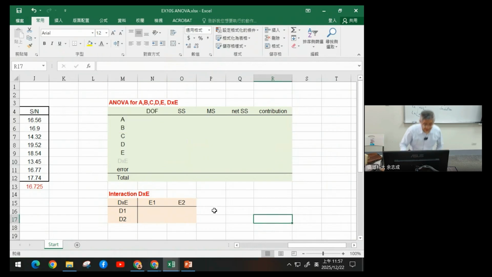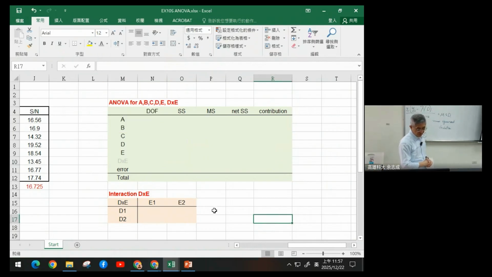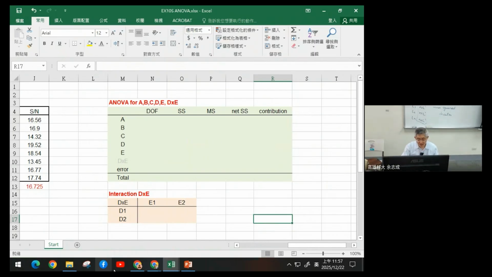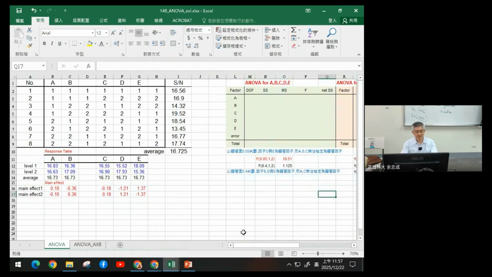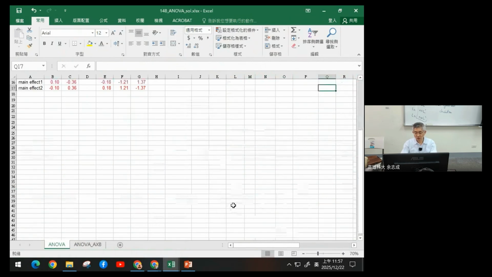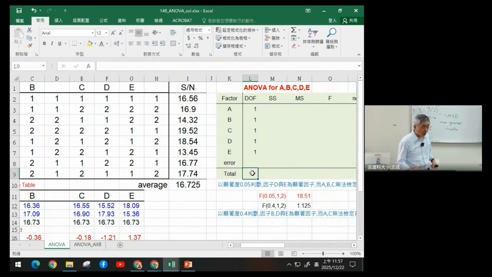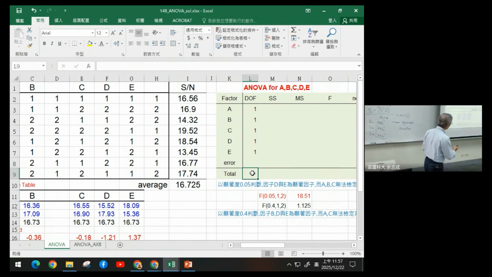We'll talk about interaction later. So let's calculate the degree of freedom. Should be very straightforward. How about the total degree of freedom?